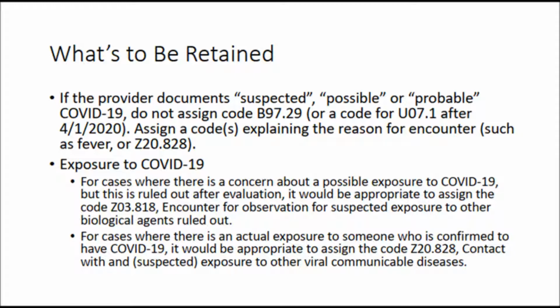For cases where there is an actual exposure to someone who is confirmed to have COVID-19, it would be appropriate to assign code Z20.828, contact with and suspected exposure to other viral communicable diseases.